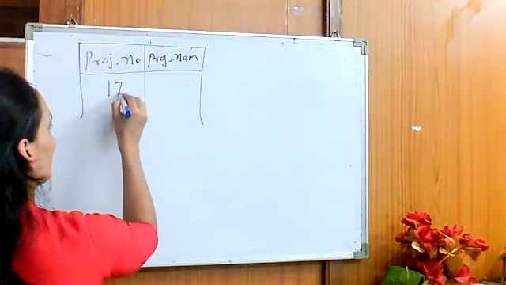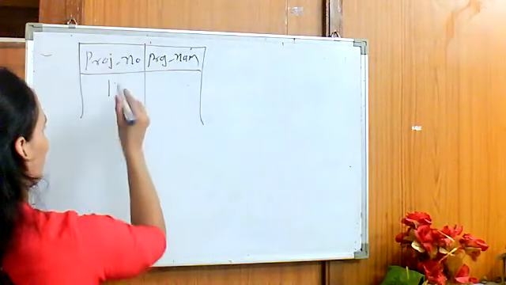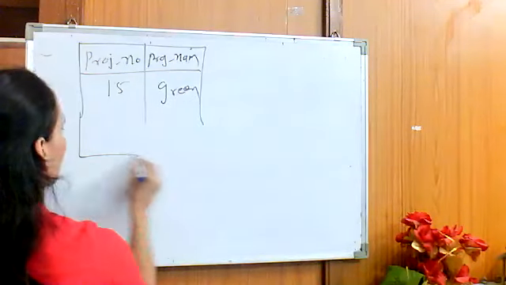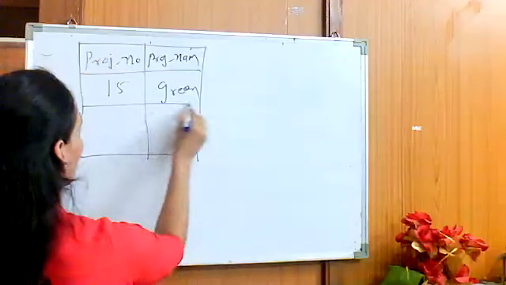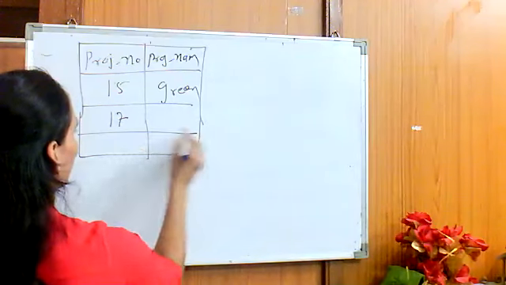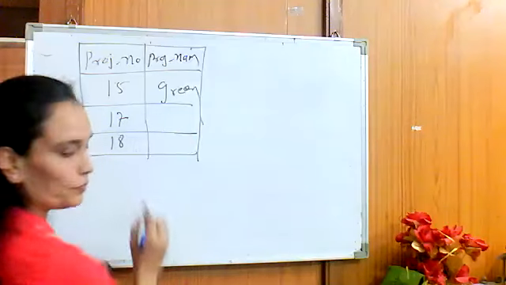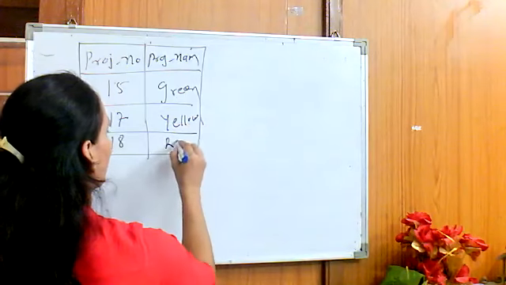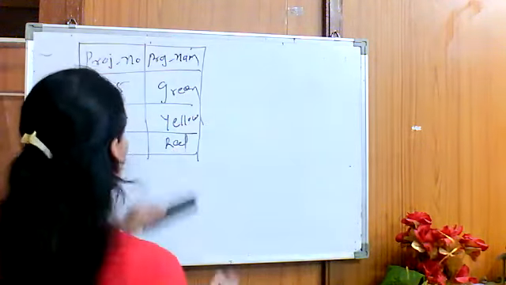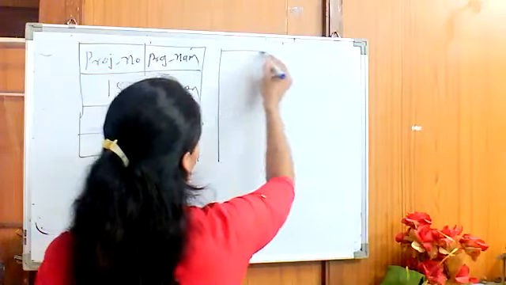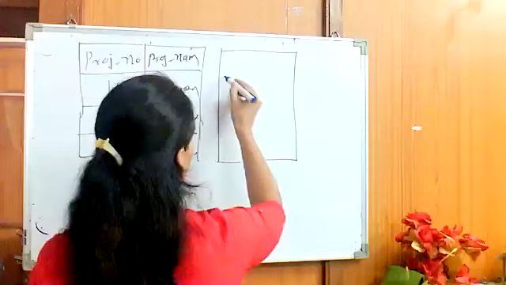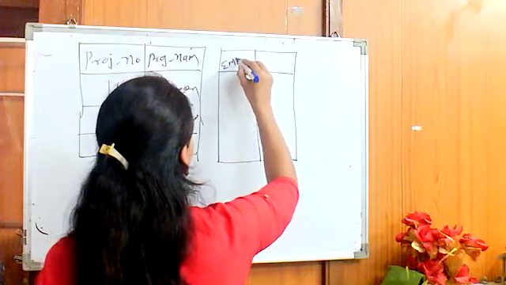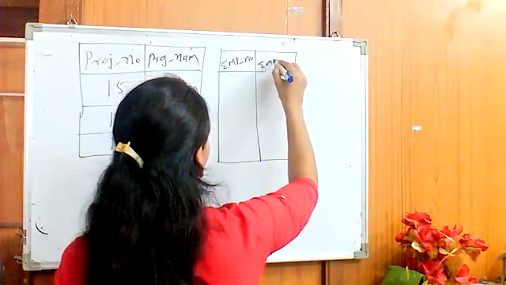Project number 15, green, project number 17 and project number 18, yellow and red. Okay, we will create another table, employee number and employee name.